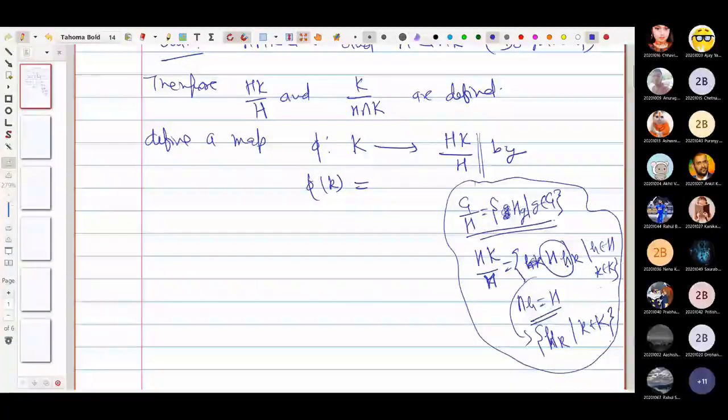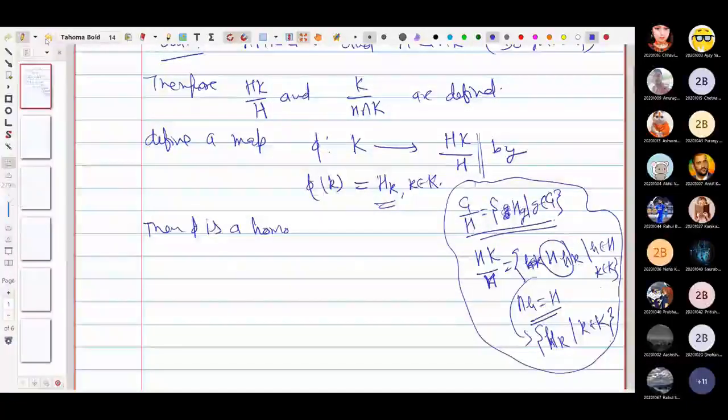Okay. So now you know what kind of elements are there in this. So phi of k will be mapped to H times k, k belongs to capital K. Now you know how we are writing like this. Then phi is a homomorphism.